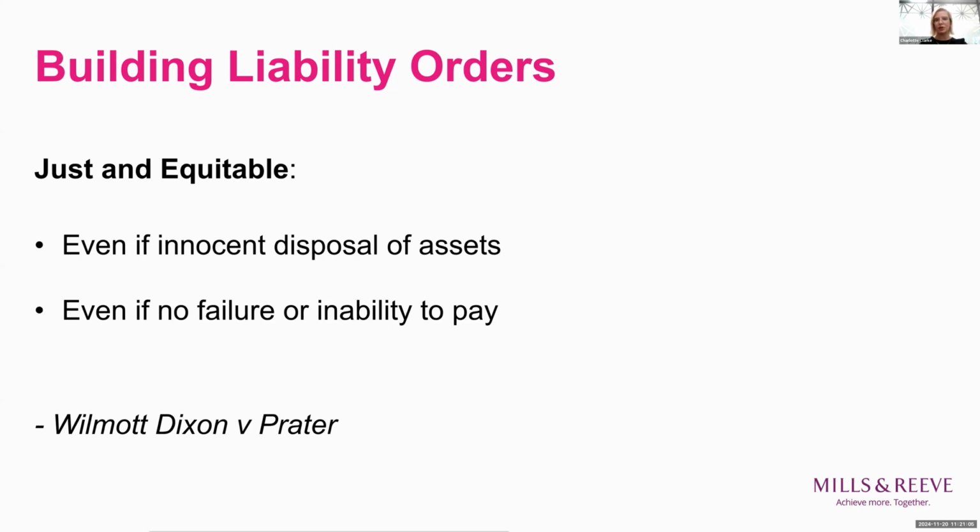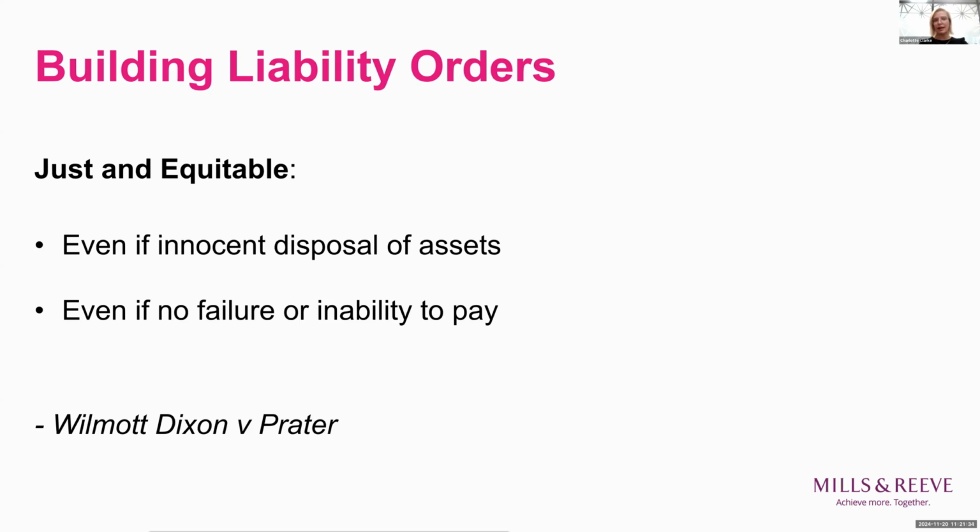The court then gave some useful guidance on the granting of a BLO, such as the fact that it can be just and equitable to grant a BLO even if the primary company has disposed of assets innocently. So there's been, for example, no asset stripping. Again, this remedy doesn't require fault or wrongdoing on the part of the original insolvent company or its parent.